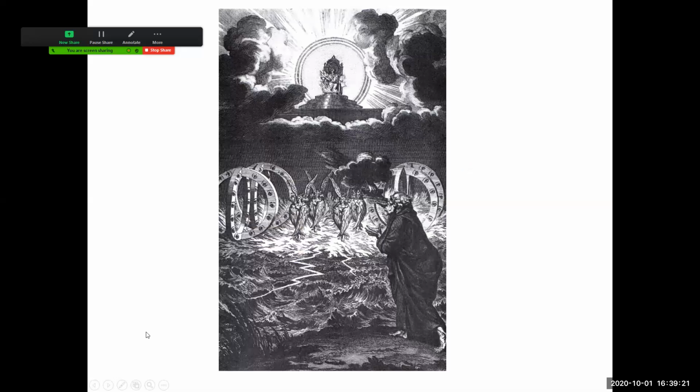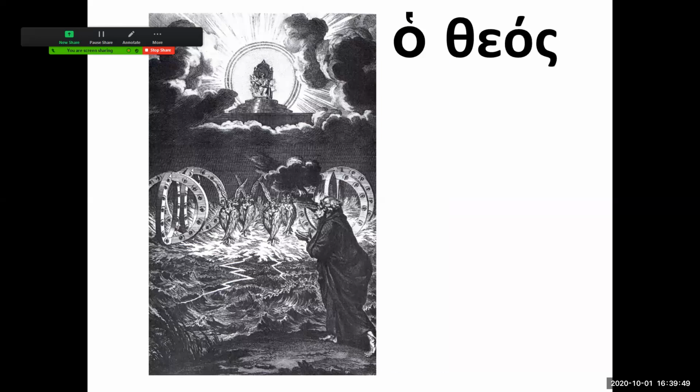And then I had to find a picture that fit the next word, and that was kind of hard to do, but I took one medieval, in other words, old, well, maybe it was 19th century. I'm not sure, and I'm not sure who the painter was, the artist, but he depicted Ezekiel's vision of God. And so I used this picture from Ezekiel to represent this word, ho theos, God.